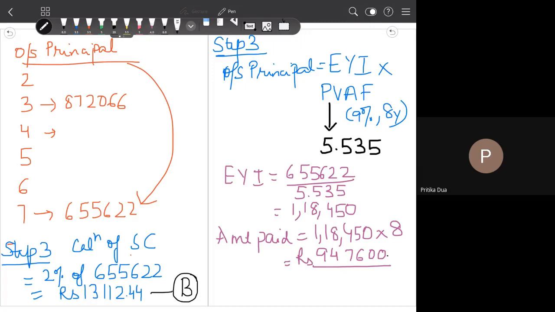And this is part C. So now what we need to do is that the cost of option 2 is equal to A plus B plus C. So total up all the three values.